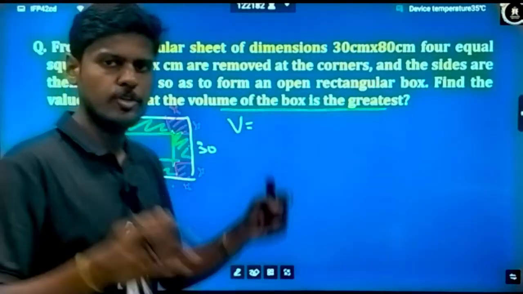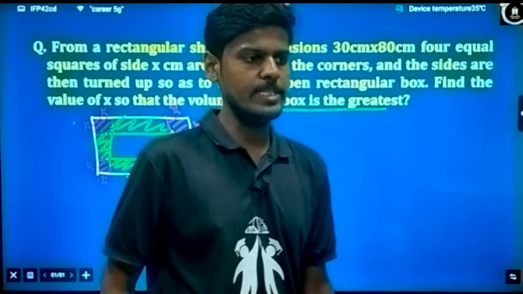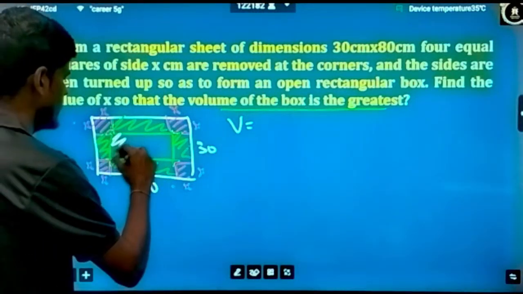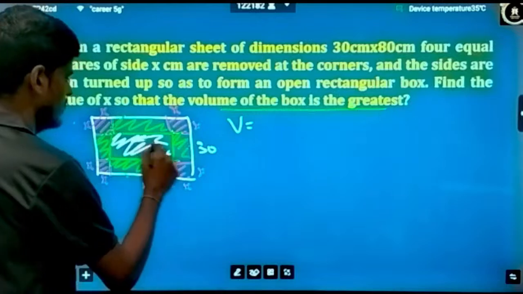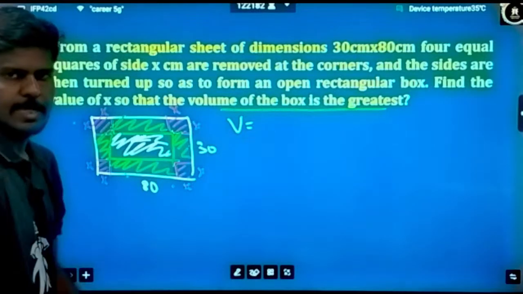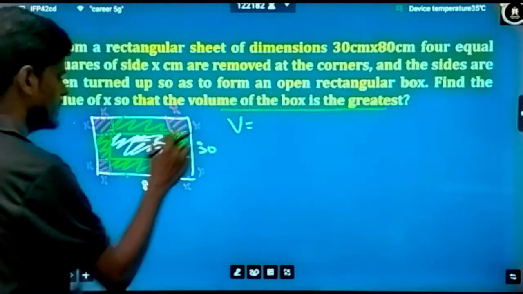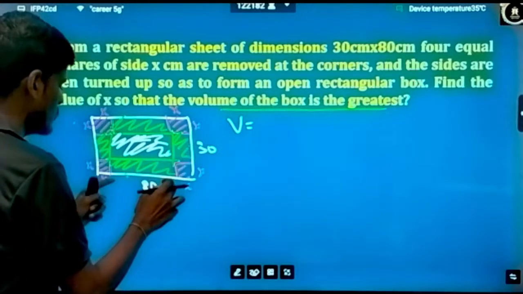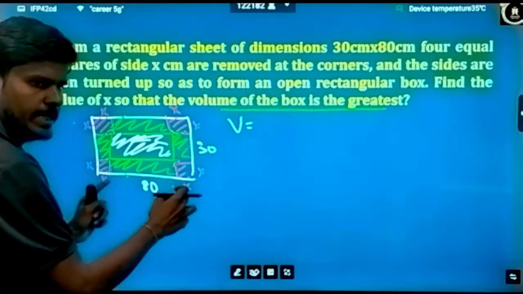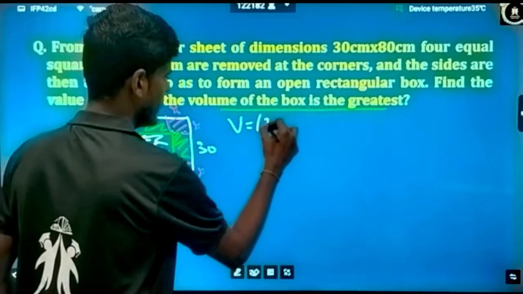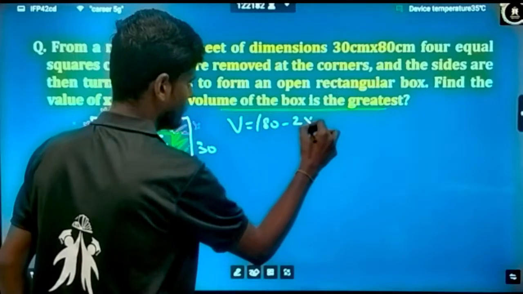This is in the form of a cuboid, that is L into B into H. That means we have to find the base area, and this area multiplied by height will give the volume. So what is the value of this area? This length is actually 80 total length minus x and x. So this will be 80 minus 2x.